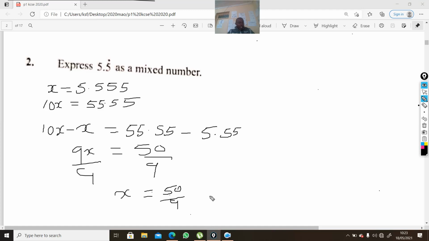If you press your calculator 50 over 9 and then press equal to, it gives you the mixed fraction as 5 and 5 over 9. You don't struggle here because you have your calculator. So that is how you have to do this question. It was a very simple question. We move on to question number 3.